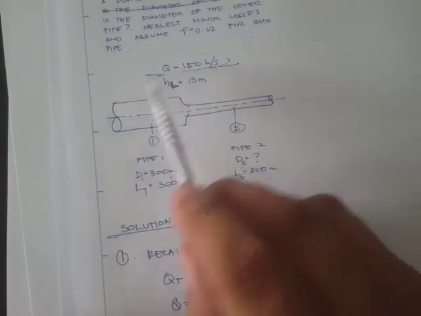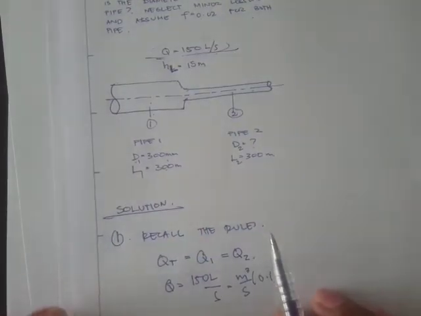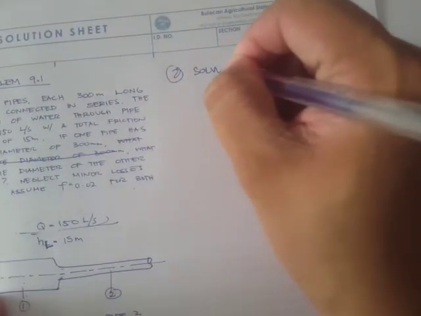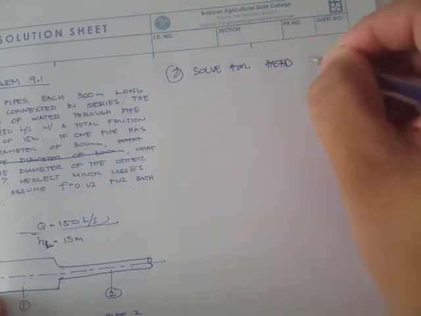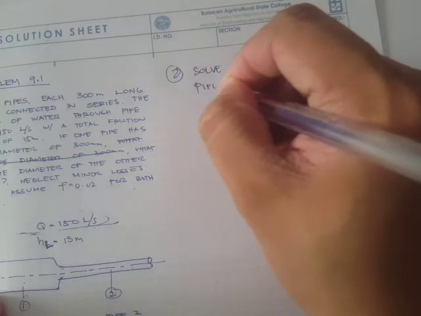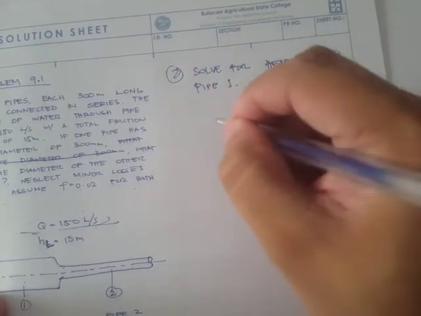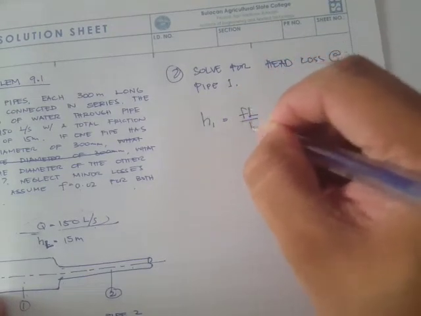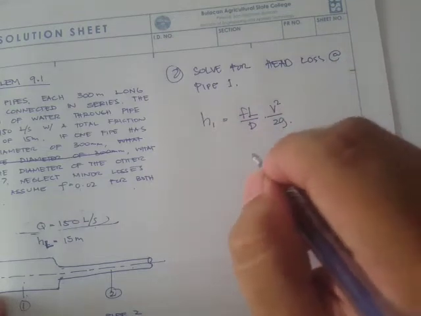So the next step is to solve for the head loss at pipe 1. H sub 1 is equal to F L over D times V squared all over 2G.